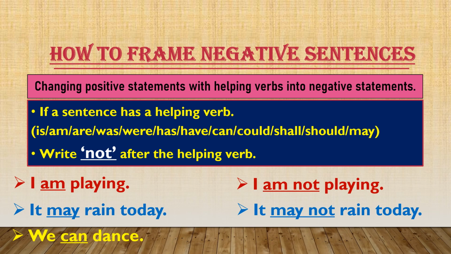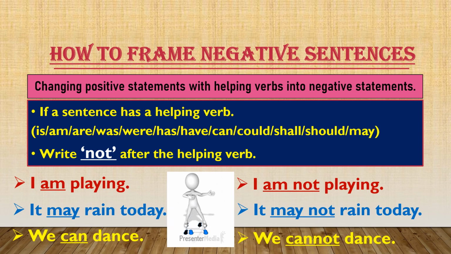Just add the word not after that and your sentence will become negative. We cannot dance. So, to change positive statements which have helping verbs in them, we just have to identify the helping verb and add not after that. And your sentence will become negative. It's very simple.